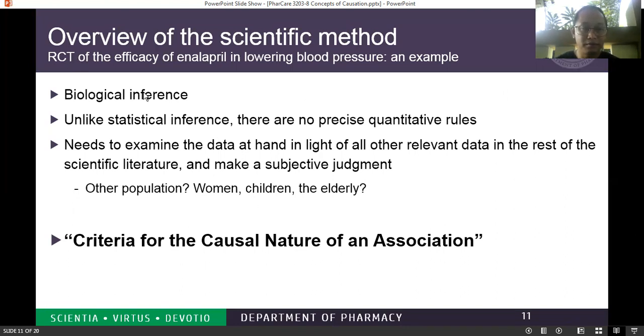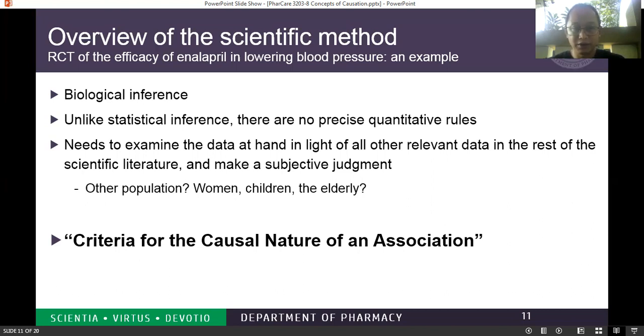Okay, for the biological inference, this is unlike statistical inference, and there are no precise quantitative rules. Usually with statistical inference, we use, for example, a p-value of less than 0.05 to decide whether an association or a difference is significant or not.